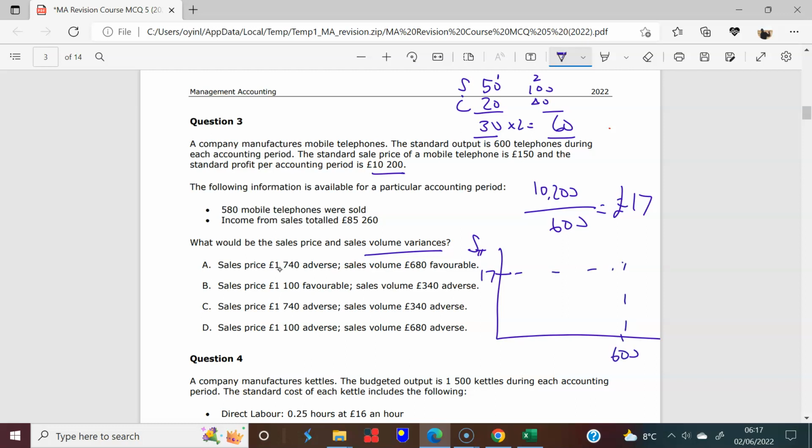What you seem to have here is a change in volume, where volume falls to 580 phones. So you have a 20 phone variance, adverse of course. So you're short by 20 phones. You didn't sell 20 phones. Question is why? And in terms of volume, we'd be multiplying that 20 by the 17. So you'd be having 20 times 17, which is equal to 340. And this is adverse. So technically it could be B or C. That's the point for now.